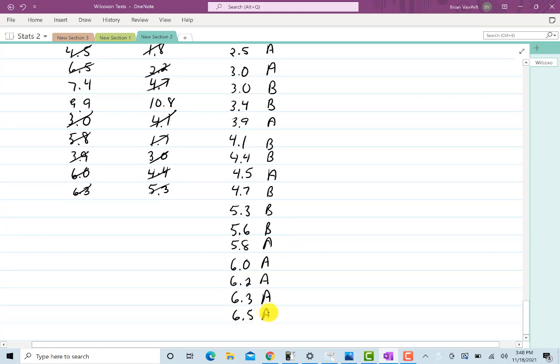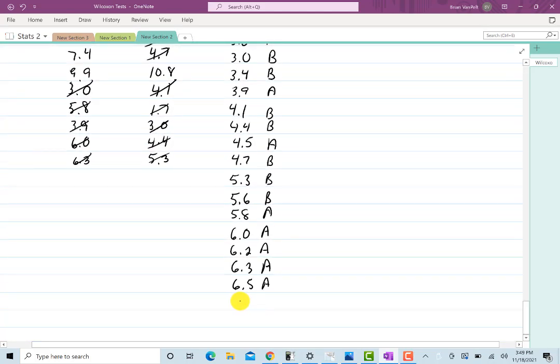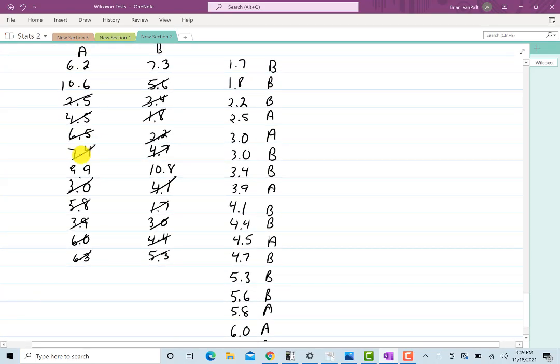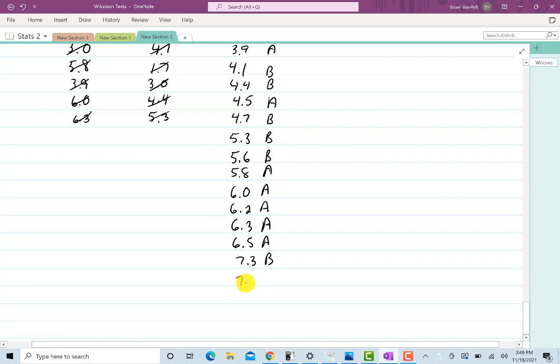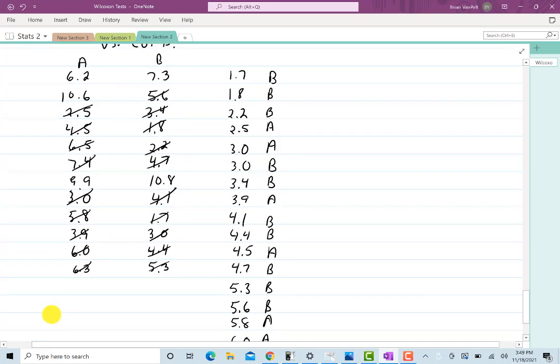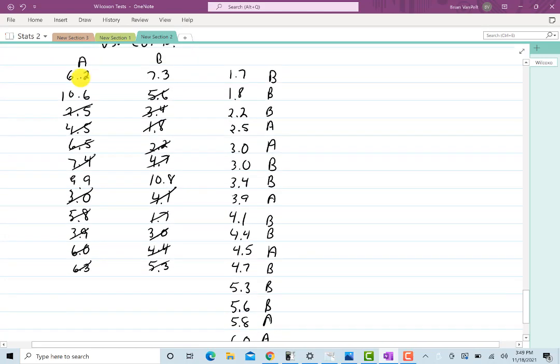And then I have a 7.3, which is in company B. After that, I have a 7.4 in company A. Then I have a 9.9. I took care of that 6.2, let me cancel it. 9.9, where are you at?